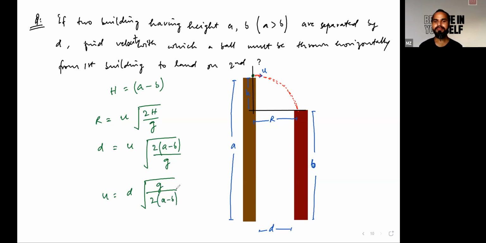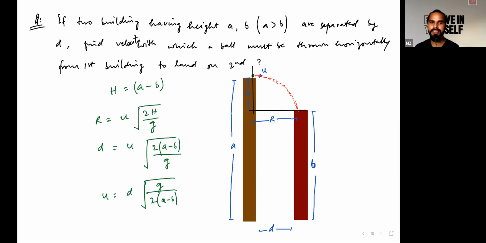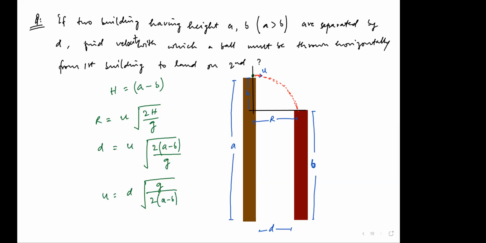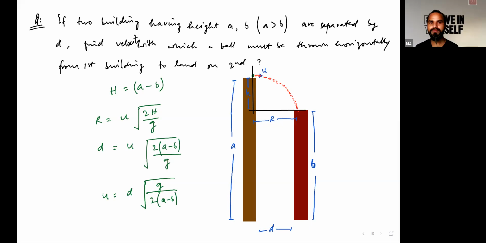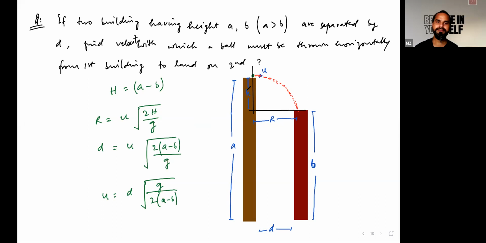Is it clear to everyone how I have derived this? Yes, sir. Hamza? Yes, sir. Khalid, is it clear? Yes, sir. Iba, any doubt? No, sir. Just write it down.